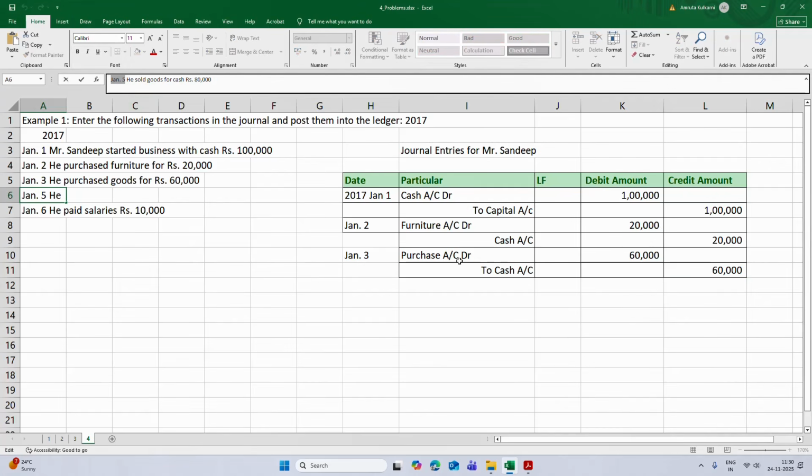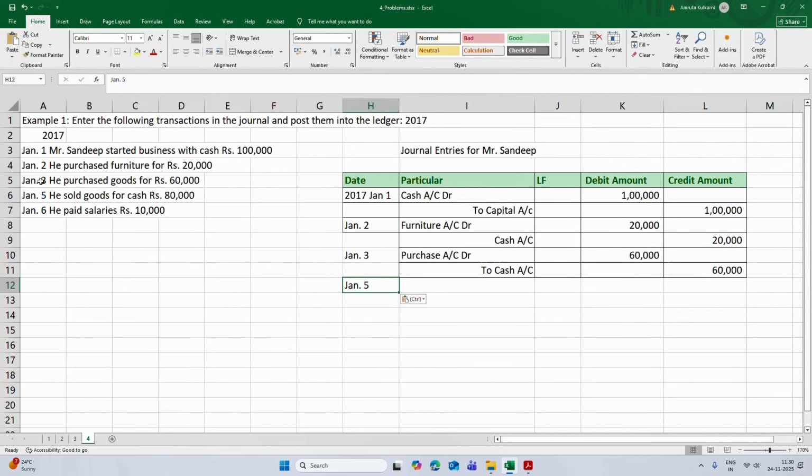Now on January 5, he sold goods for cash rupees 80,000. So cash account will be debited and sales account will be credited by 80,000.